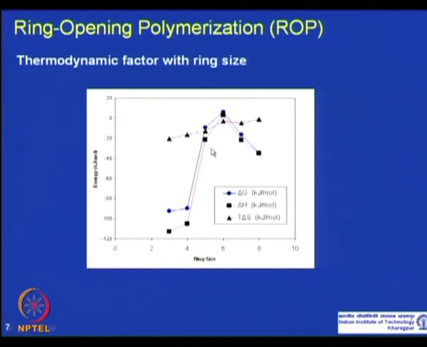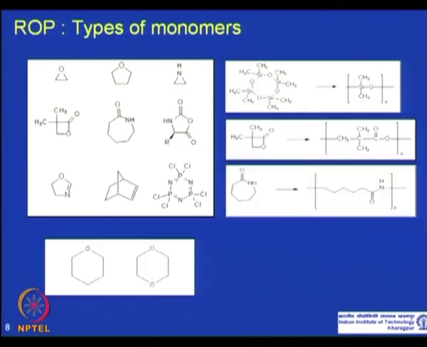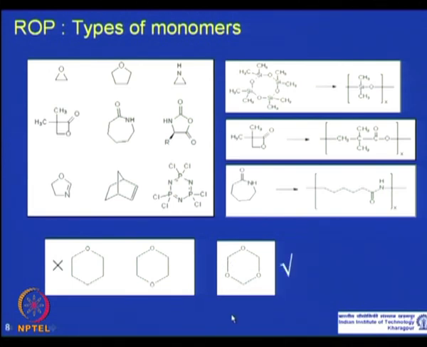Again, the trend of thermodynamic feasibility will decrease as you increase from 3 to 6, and then go up again as you increase the ring size. So, if you have cyclic ethers, say tetrahydropyran or 1,4-dioxane, they do not undergo polymerization, whereas these actually undergo ring opening polymerization.